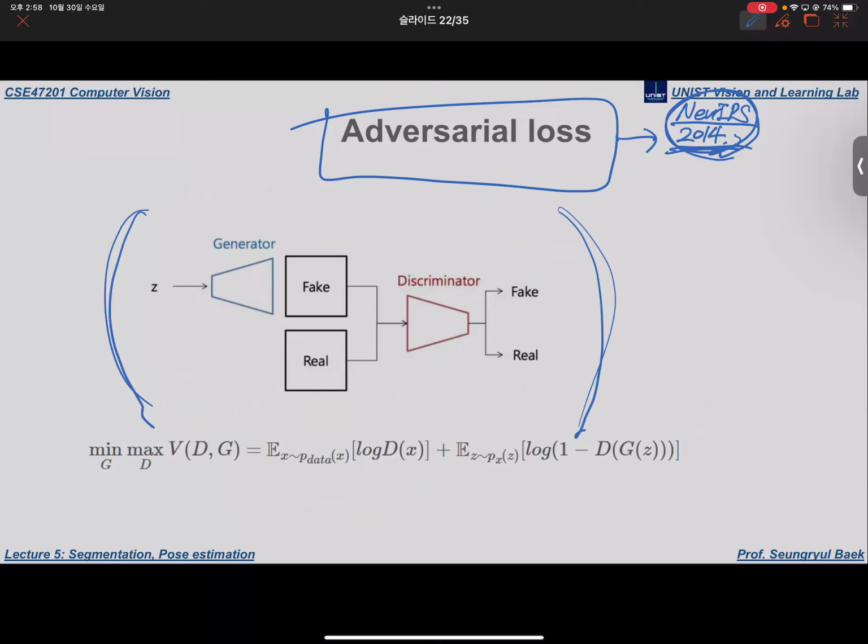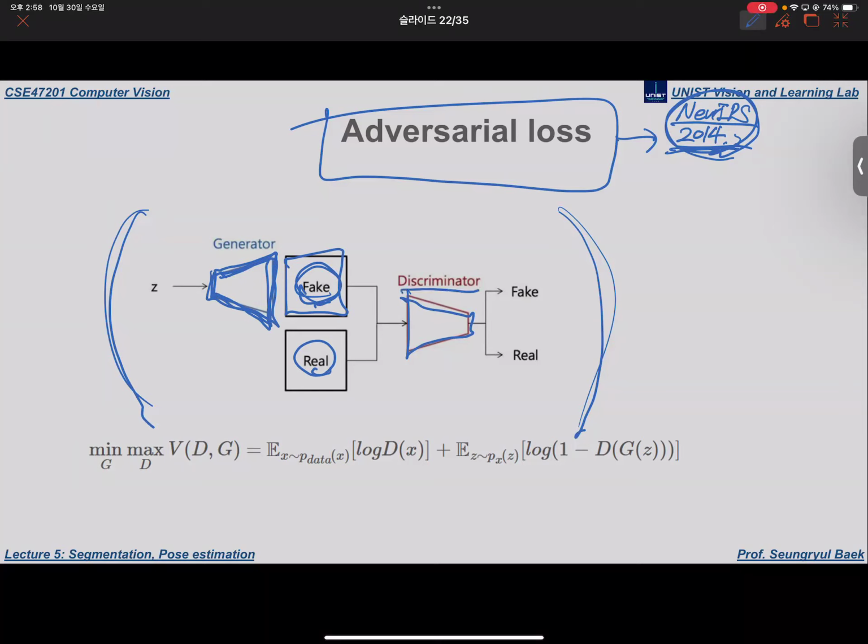That can be drawn like this diagram. This generator is the thief, and this discriminator is the policeman. The generator will generate some new images in our case. We will call the generated data the fake data, and the original image captured by the camera the real image.